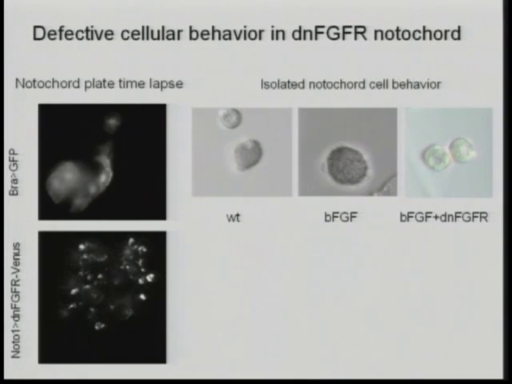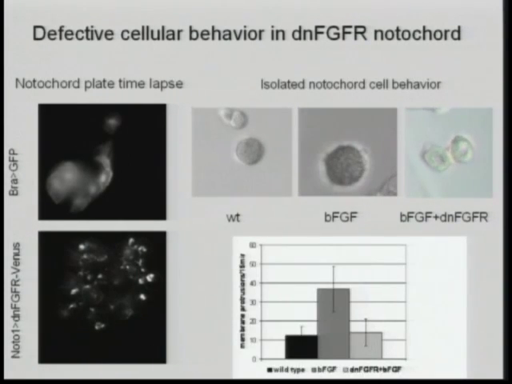They now form at a much higher frequency and all around the cell, suggesting that FGF is sufficient to induce the protrusions. Similarly, this effect of FGF protein can be inhibited by co-expression of the dominant-active FGF receptor in these cells. And this is a statistic of the protrusions. So this establishes that FGF is sufficient to induce these protrusions.